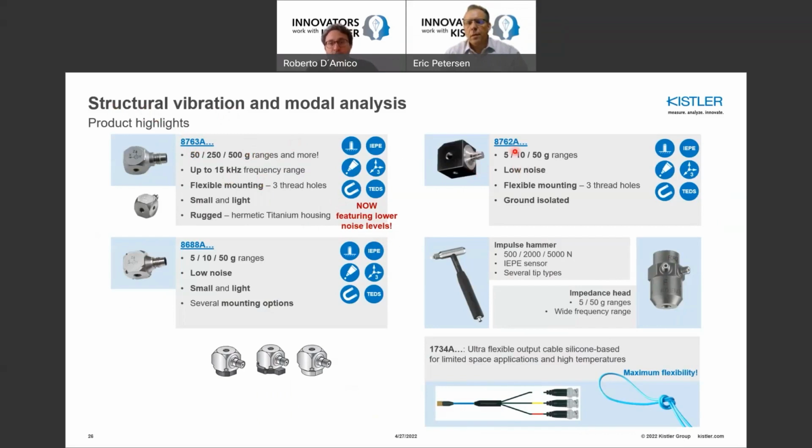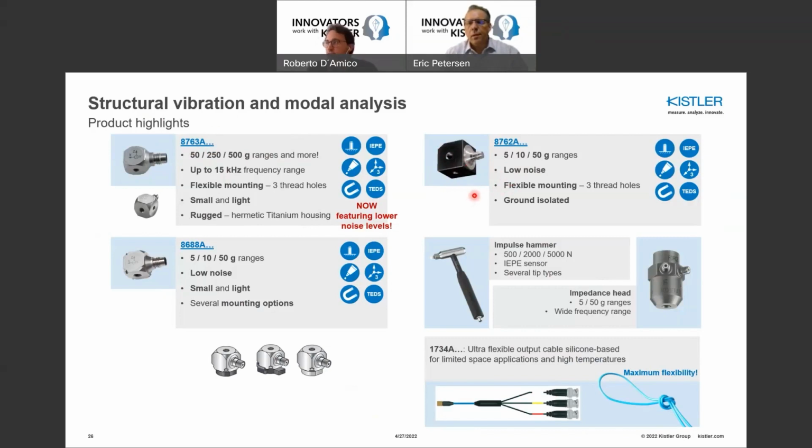Going lower in G ranges, we have 8762, which is a little bit bigger sensor. It's a little bit heavier than 8763. We're talking about around 23 grams, but there's a rather low noise level. It still preserves 3 holes, 1 on each side, and it is ground isolated.